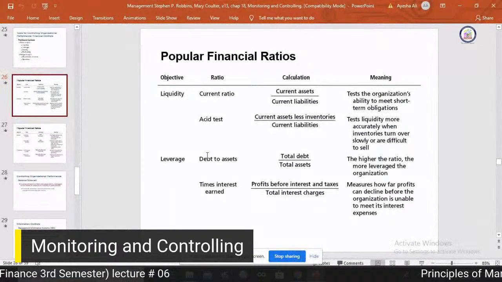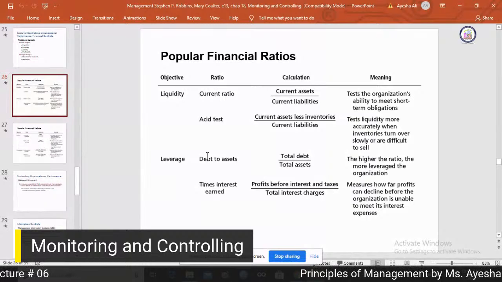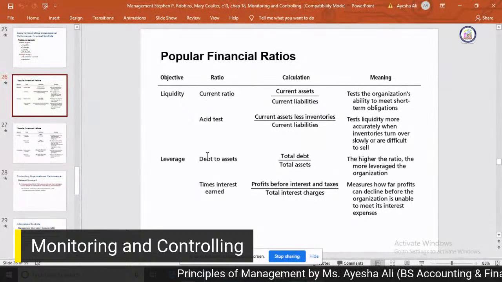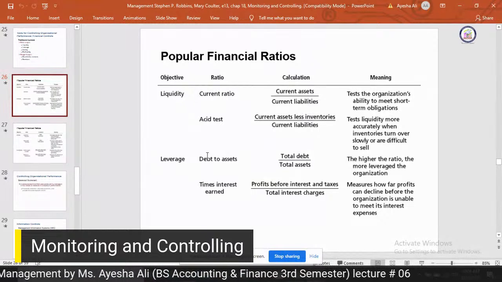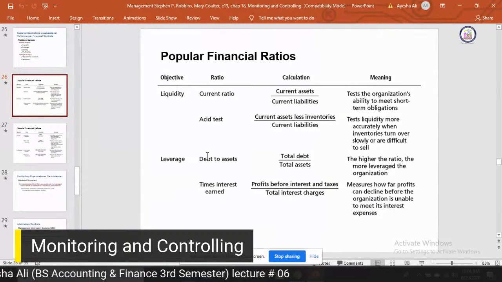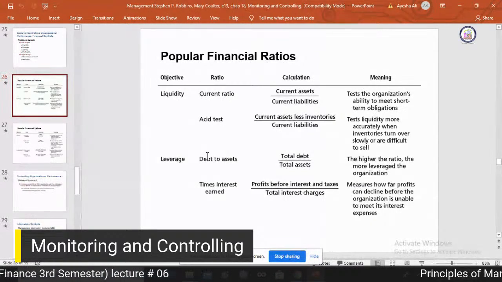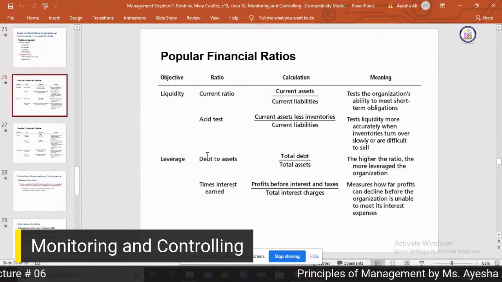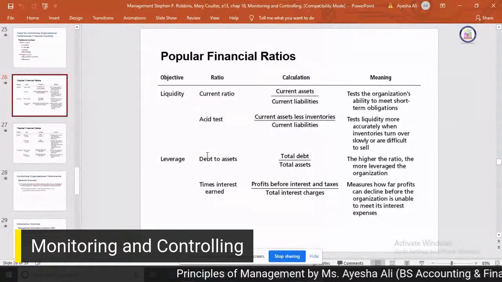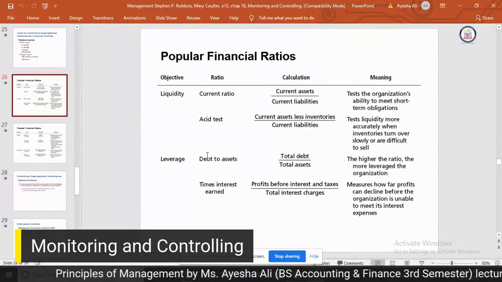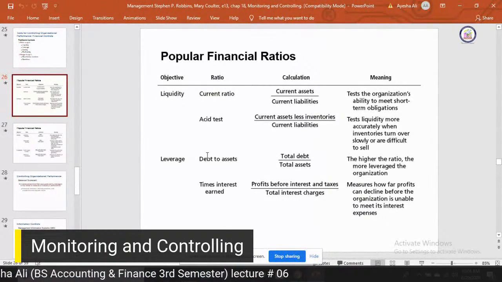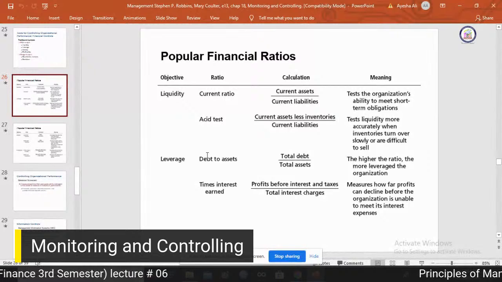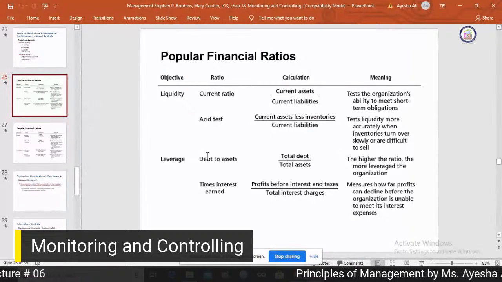So we get the liquidity of the organization more accurately, and in this way we are able to get a more accurate and appropriate interpretation or analysis about whether the organization is able to meet its current liabilities or not.